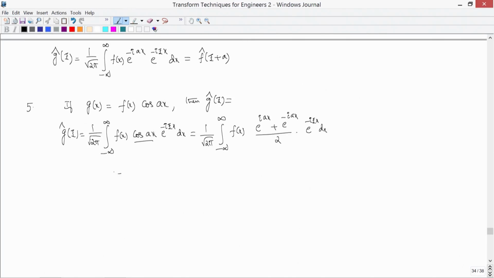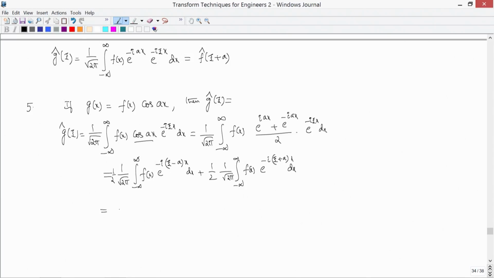Now you split this into two integrals based on the linear property. So what you get is 1 by root 2 pi, integral of f(x) half times e power minus I xi minus a into x dx, plus another half 1 by root 2 pi other integral part, and what you get here is f(x) times e power minus I xi plus a x dx.